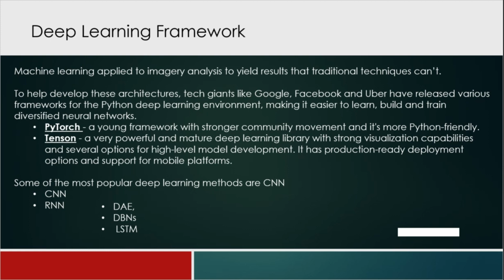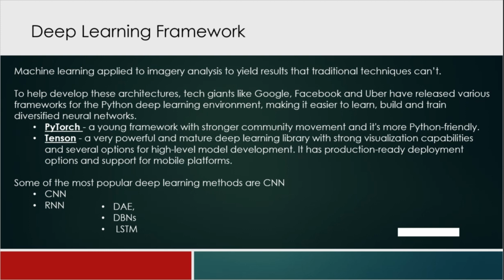In simple terms, deep learning is an add-on to develop human-like computers to solve real-world problems with its special brain-like neural network. To help develop these architectures, tech giants like Google, Facebook, and Uber have released various frameworks for the Python deep learning environment, making it easier to learn, build, and train diversified neural networks.